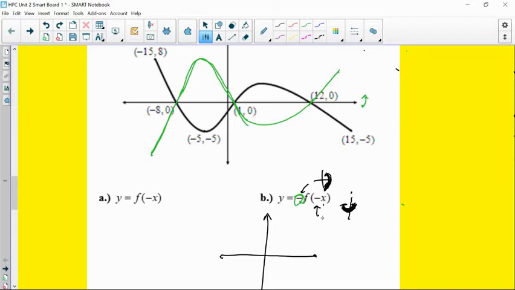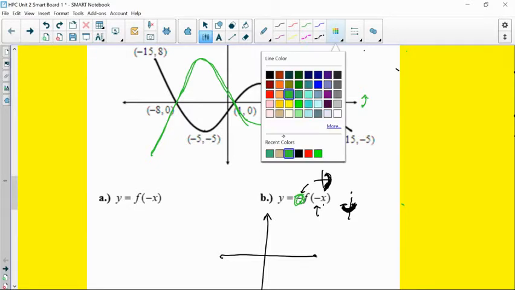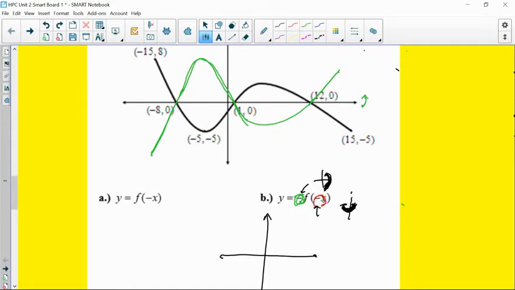Now, take that image that we did in green, now reflect that new image over the y-axis. Let all of your x's change position. So now this right here becomes this value there. And so I can mirror this out. So this loop here will be this loop here.